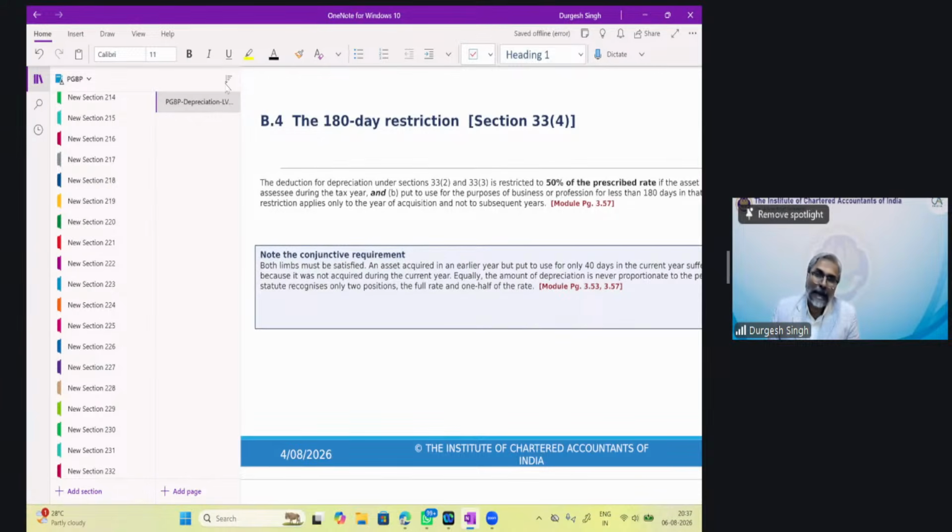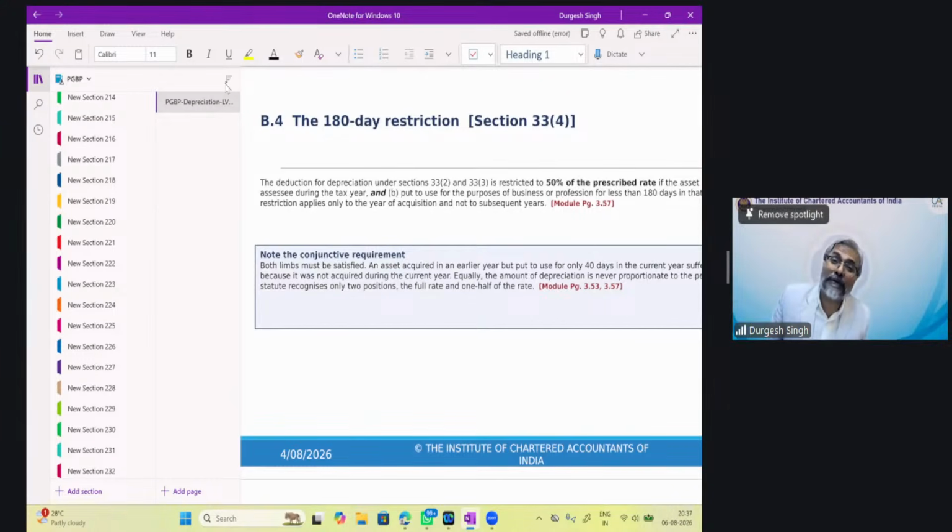Fine, students. Then point number C was the condition. Condition was ownership and the put to use criteria. Ownership means who has acquired, possesses and uses the asset for the purpose of his business, to the exclusion of the other person.